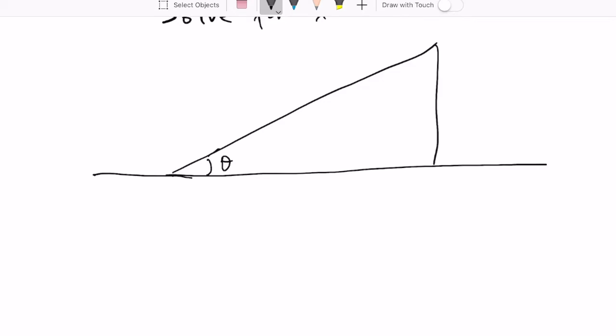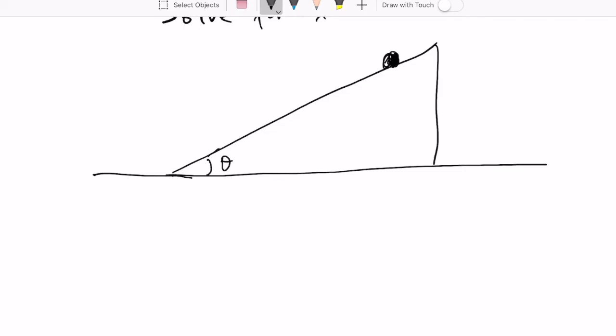Okay, so the truck skids all the way up to a certain height. So let's say that this is the height that the truck gets to. We'll just treat the truck as a point mass. So the truck is starting at the bottom, and then it gets to this height over here, and that's where it stops.